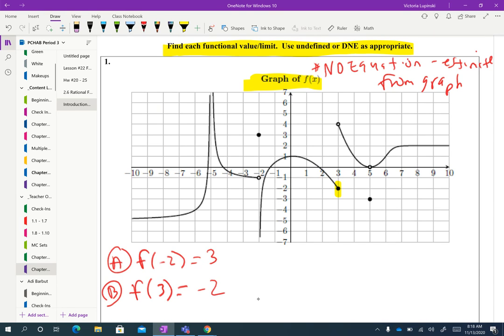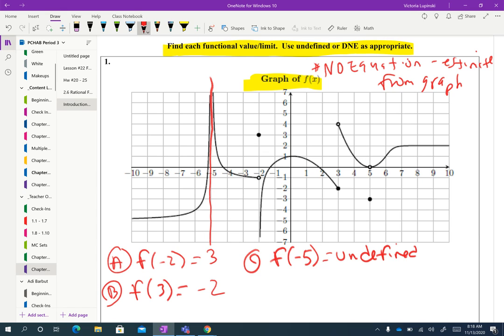So then f of -5, it appears as though there is an asymptote there. You can see that from the left side and from the right side, the graph is going up, up, up. So in question C, if I'm asking you to find f of -5, because it appears as though there's an asymptote there, there is no actual value, and you're going to call that undefined.